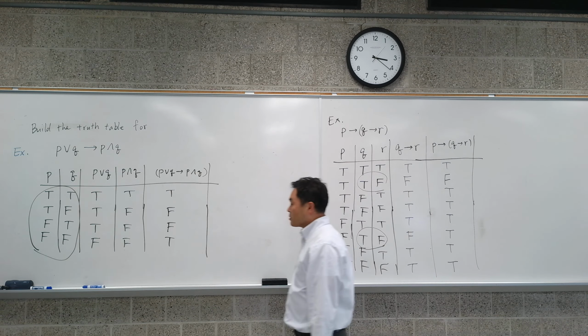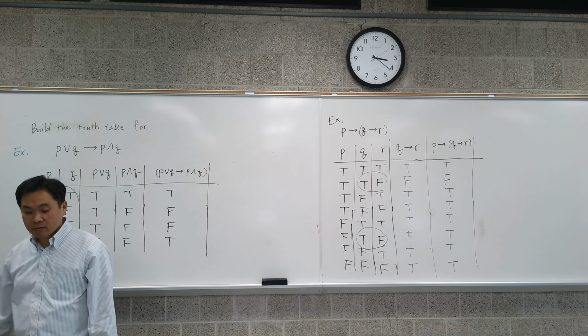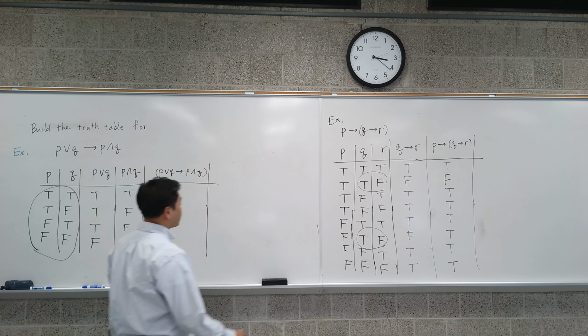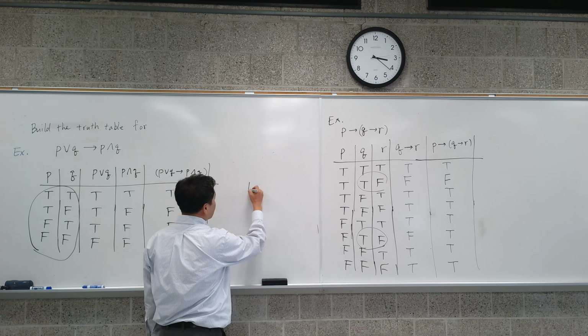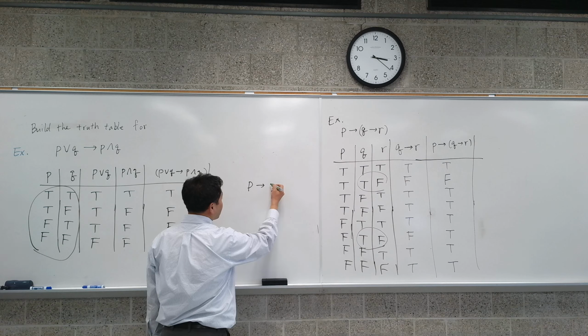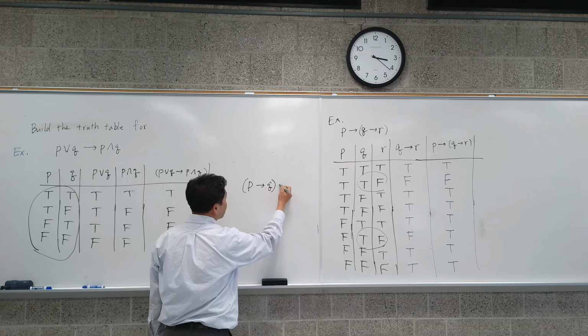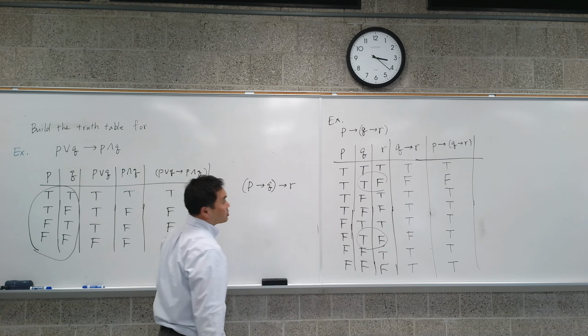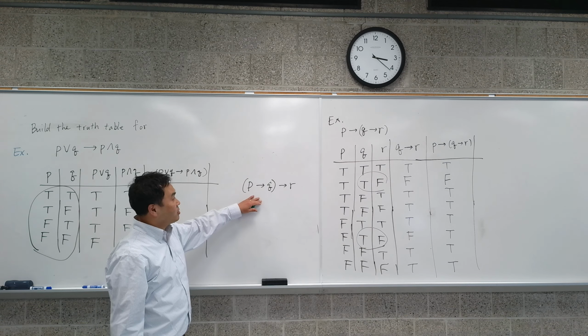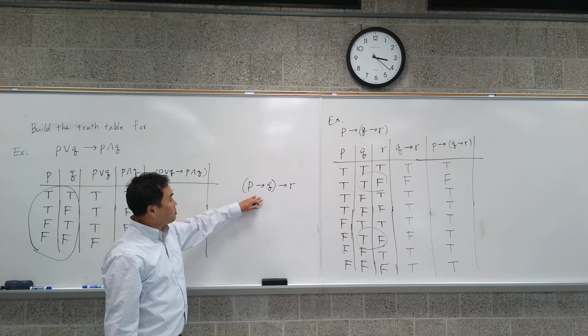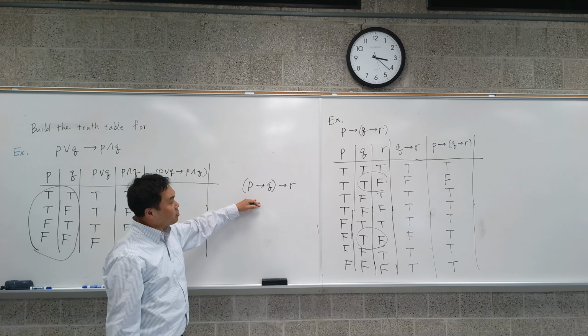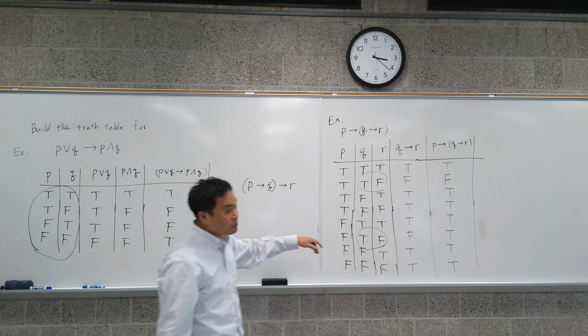Now this last one's a bit interesting because what I wrote there looks very similar to this, but if you try to build the truth table for this one, you'll see that this has a different value for that one.